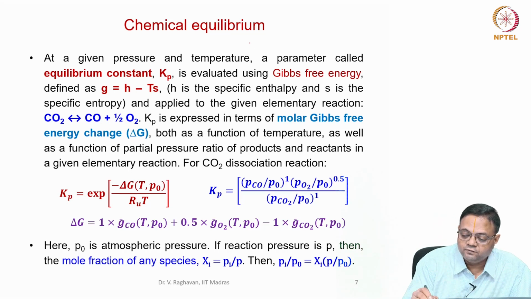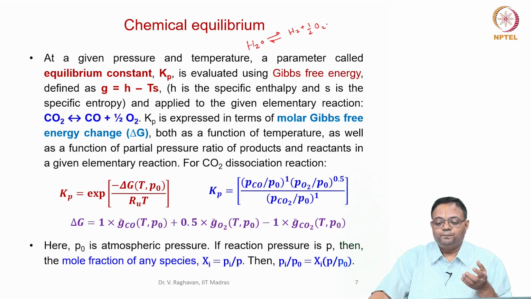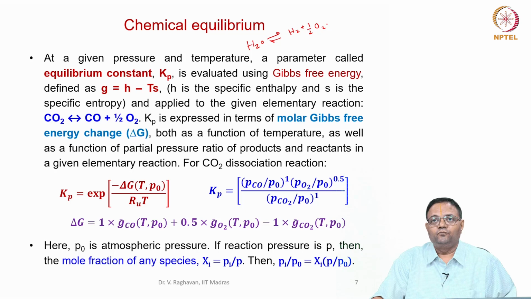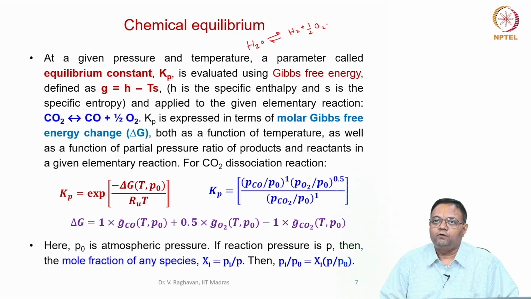So I will write here: H2O dissociates to form H2 plus half O2. Please see that this is another elementary reaction. Again I can read this as one molecule of H2O dissociates to form one molecule of H2 and one atom of oxygen.